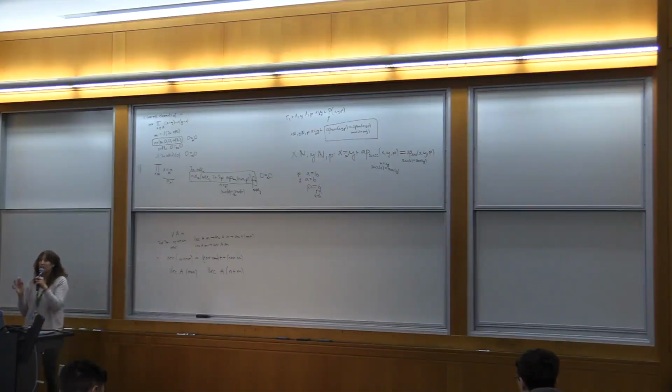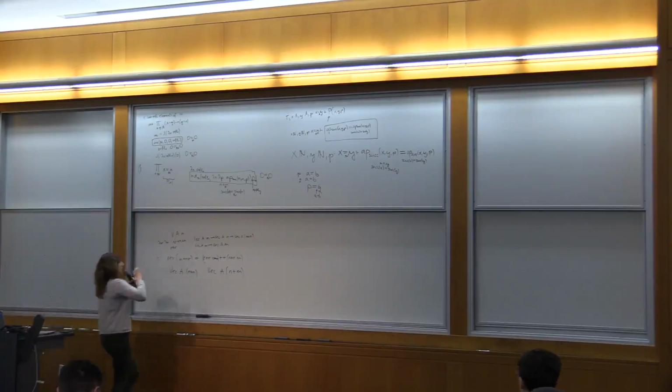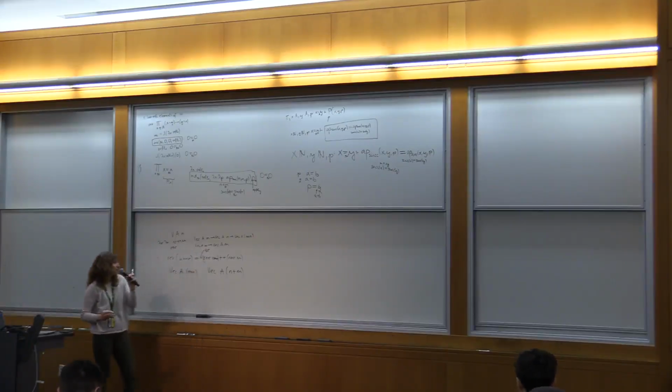I can't even use the type formation rule for this. So what we have to do is, here, I'll use a color that you can actually read. Here, you have to insert the transport, okay?